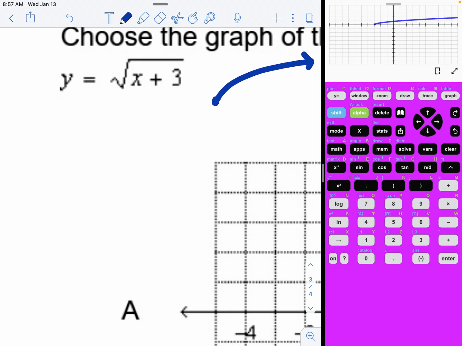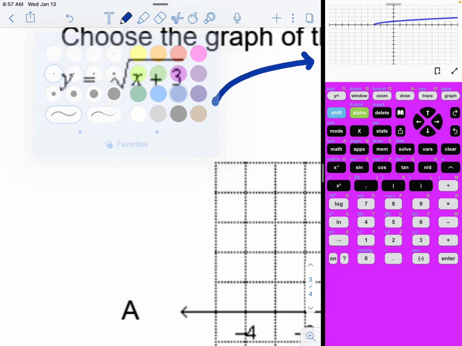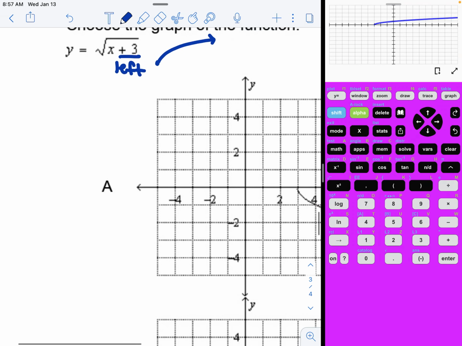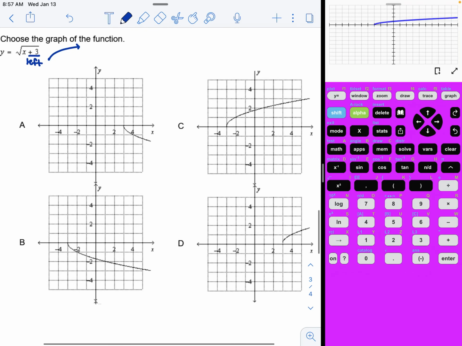And also on top of that, I'm hoping you remember that when you have a plus 3 on the inside, that means left. So you're going to take that shape and move it to the left 3 units. That's why the answer is C. You can see how it goes left 3 units. It doesn't start at 0, 0. It goes left 3 units and then it has that shape to it.